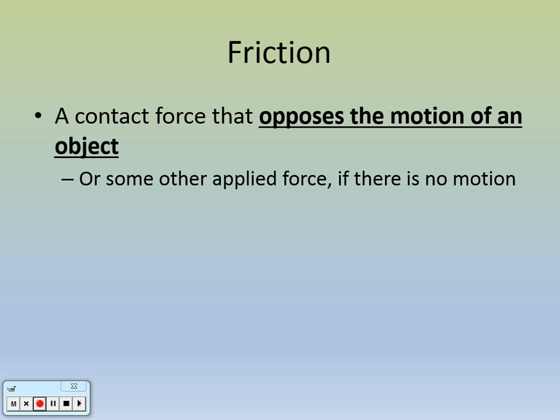Yes, because friction is a contact force. The friction of the air depends on running into the air. If there's no air, we don't run into it. But if there are still two surfaces in contact, there will still be friction even if there is no air. Good there?